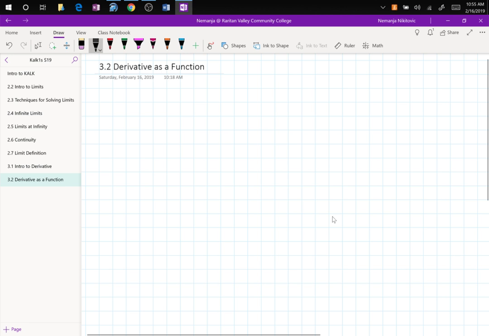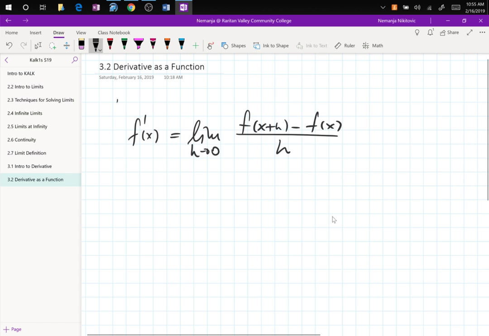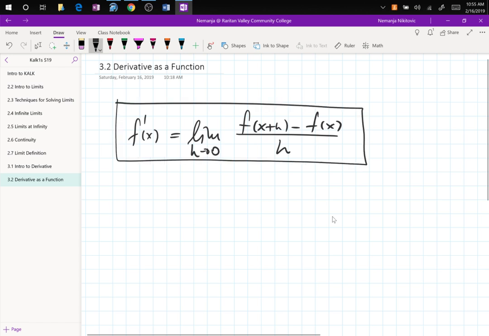So last class we said that f prime of x was defined as the limit as h goes to 0 of f of x plus h minus f of x divided by h, and it's a function, right?